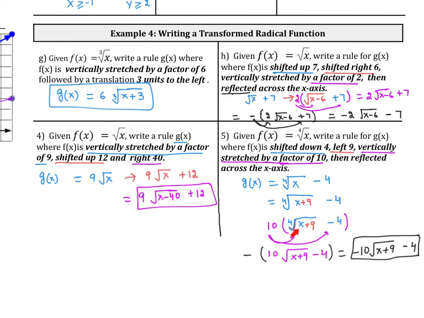You get 10 times the fourth root of x plus 9 minus 4. And the last one is reflection. So reflection means you're going to multiply by a negative outside and distribute that inside. You're going to get the final answer: negative 10 times the fourth root of x plus 9 minus 4.